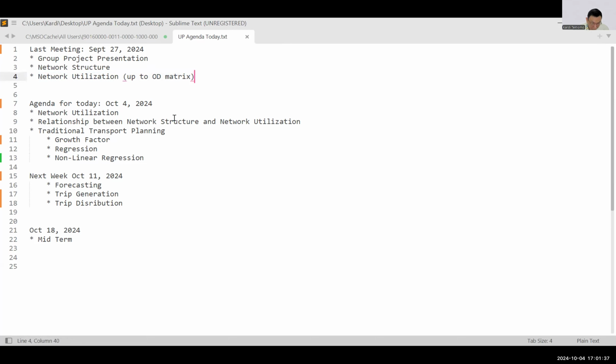We will continue that today, about network utilization and then the relationship between network structure and utilization. If possible, we can continue with traditional transport planning, where you will also learn about growth factor, regression, and nonlinear regression.